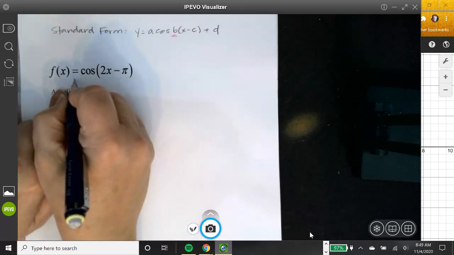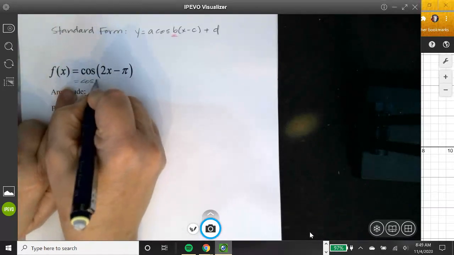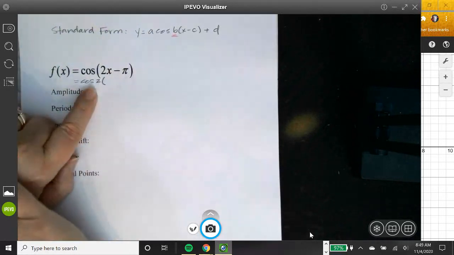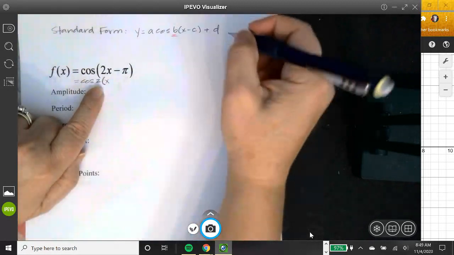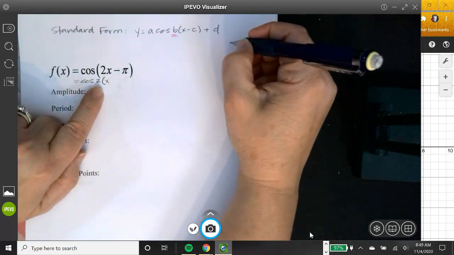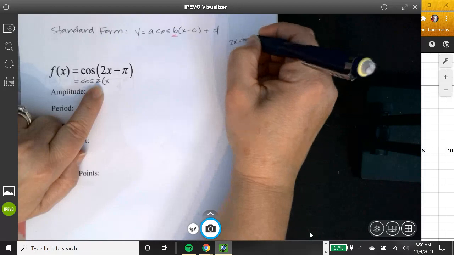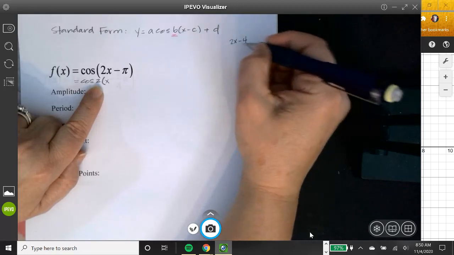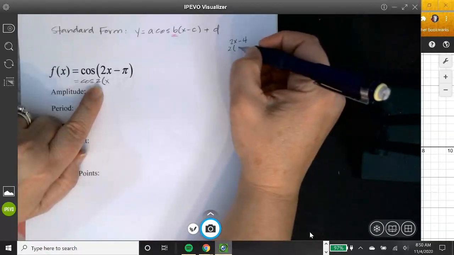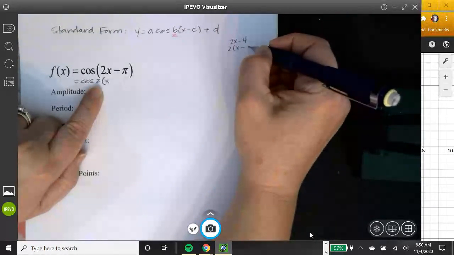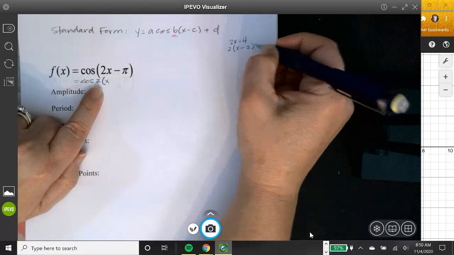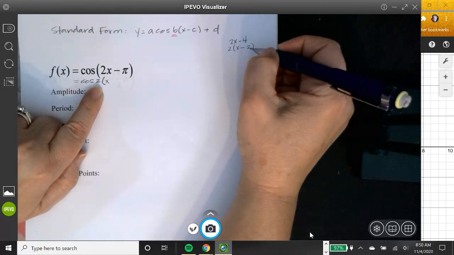So I'm going to rewrite this as cosine, factor out the 2. When I do that, that's easy enough. This is x. Now this is where it gets a little confusing, but it's not difficult. If I was going to factor 2x minus 4, and I factored a 2 out, the GCF, and I say x, everybody knows that this would be x minus 2. What did you do to this 4 to get a 2 here? You divided.